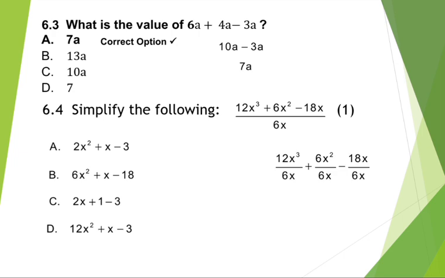It means it's going to be 12x cubed divided by 6x plus 6x squared divided by 6x minus 18x divided by 6x, which means each and every term is going to be divided by the denominator. 6 there 1, 6 there 2, x, that's 2x squared. 6 there 1, 6 there 1, x there, that's x. Then 6 there, that's 3. So we end up having 2x squared plus x minus 3. The correct option is A.